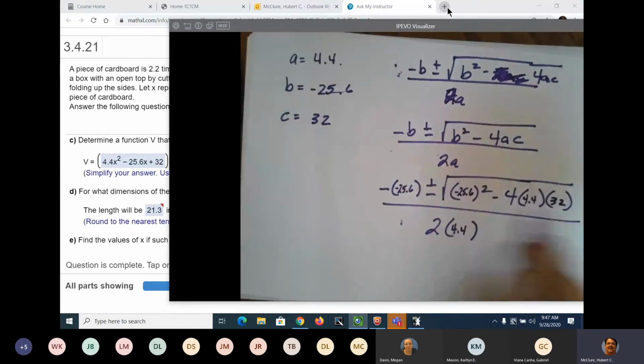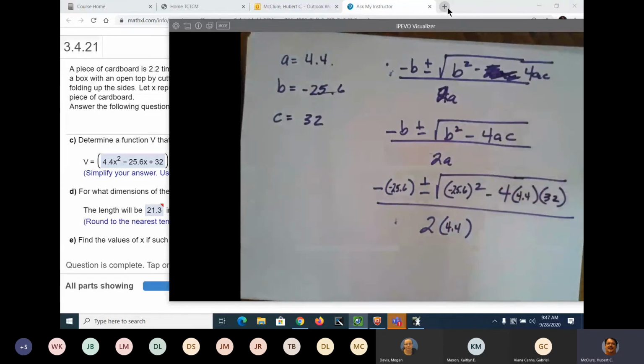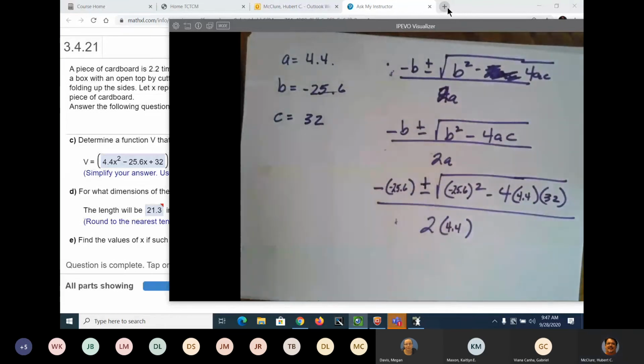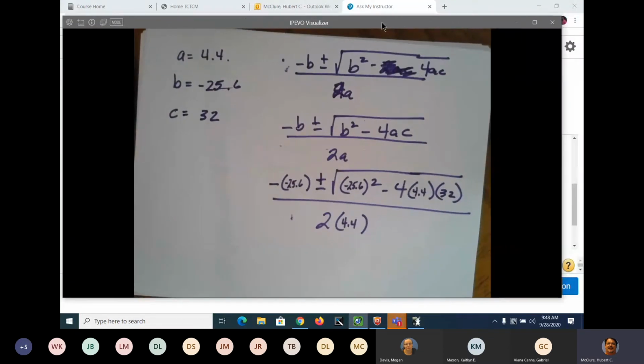All right, I want everybody to crank that through their handy dandy calculator. I'll give y'all a couple of seconds, and we'll compare it to what we got with completing the square.